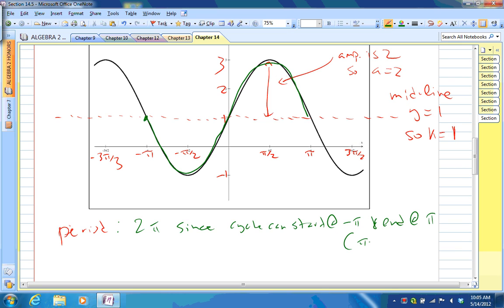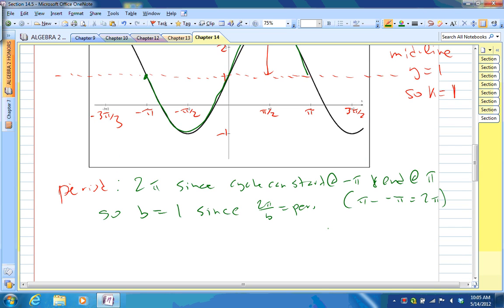And remember, pi minus negative pi equals 2 pi. So in this case, the period here is 2 pi. So B equals 1, since 2 pi over B equals the period, and if you solve for B, you get B equals 1.